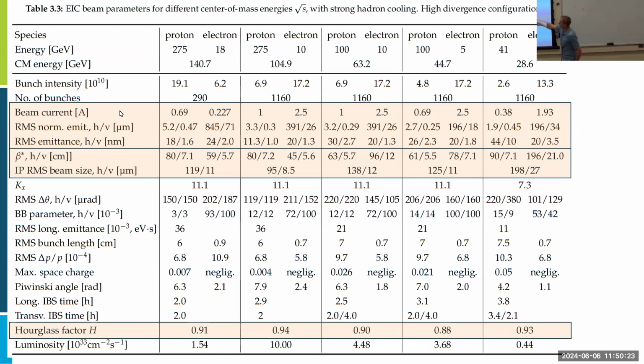We also know from the table that the number of bunches is 1160. And then we also know that particles are moving with the speed of light.